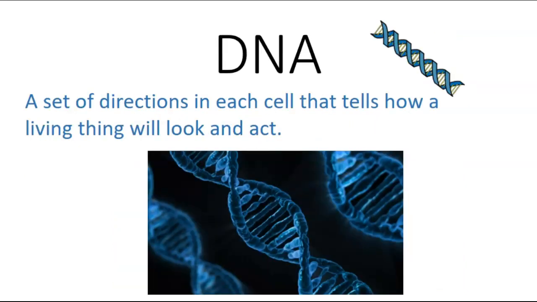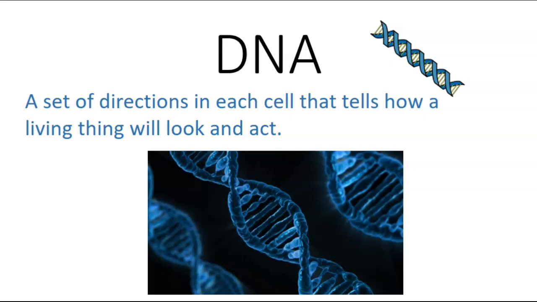Okay, our next vocabulary word is DNA. See if you can say DNA out loud, or write it, type it, or touch it. DNA. DNA is a set of directions in each cell that tells how a living thing will look and act.